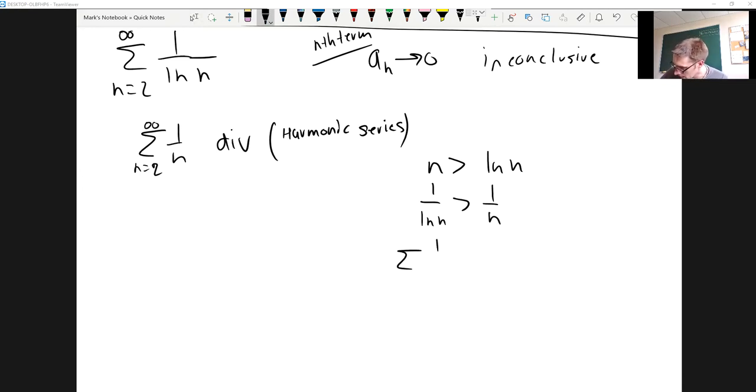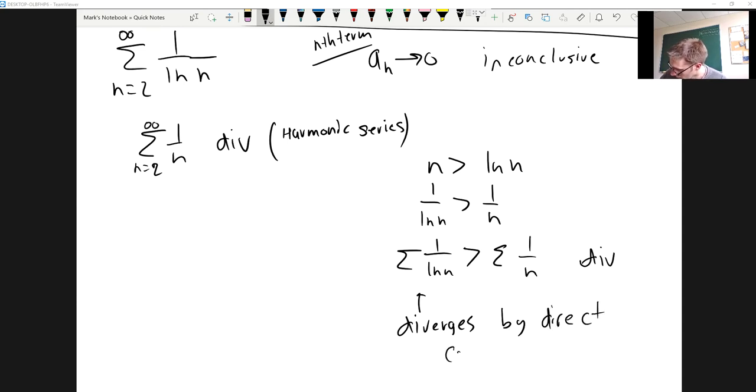And so that must mean that the sum of 1 over ln n is greater than the sum of 1 over n. And, well, if this diverges, and the one on the left is bigger than something divergent, it must diverge by comparison. And this is a direct comparison.